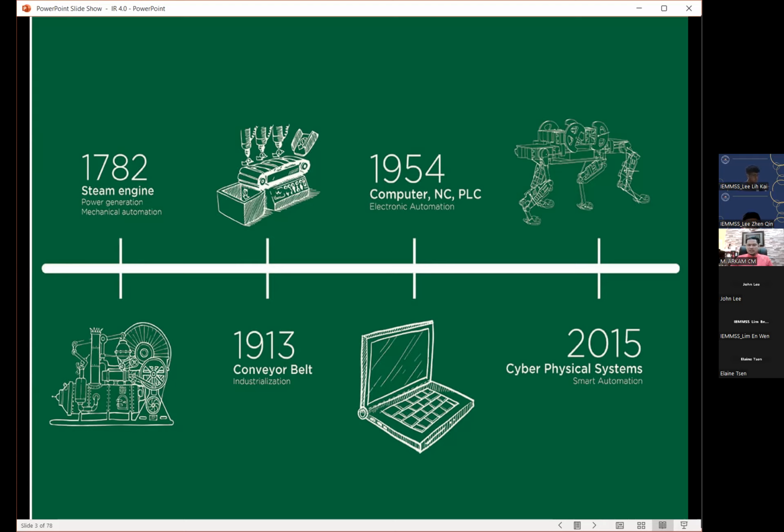And cyber-physical, we started in 2015, where we go for smart automation. Smart automation is considered 4.0 now, where everything we talk about is smart: smart building, smart house, smart technologies, smart car, smart safety, security, smart camera, smartphone, smart gadgets and all whatnot.